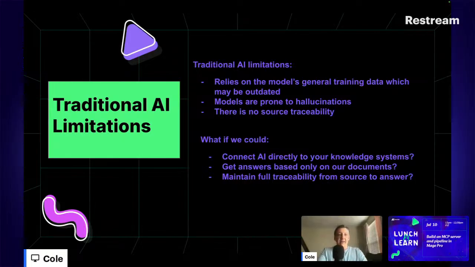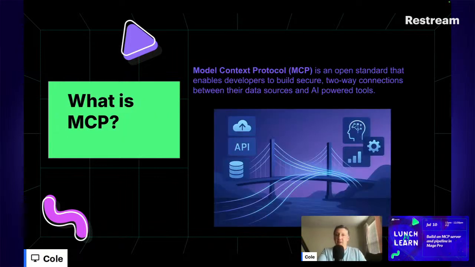So what if we could connect AI to your knowledge systems and get answers based only on your documents, and also maintain full traceability from source to answer? Well, that's where Model Context Protocol comes in.